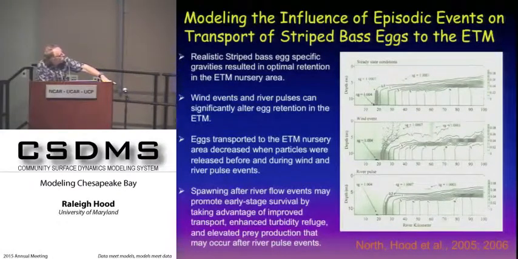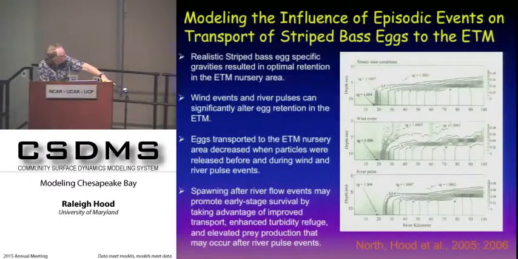It also turns out that if you have a big wind event, the simulated wind events have a tendency to blow those eggs out of the ETM. If you get a big wind pulse, it can just blast the whole population out of the ETM. If they're really light, they really get blasted out, and if they're heavy, they're just stuck on the bottom. It also turns out that a river pulse can push the eggs out.